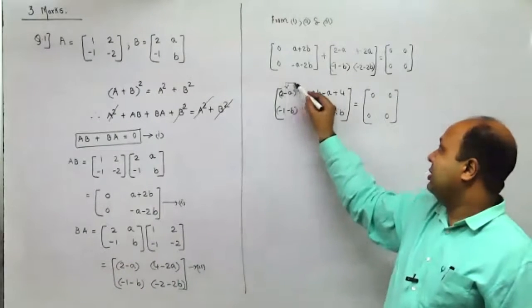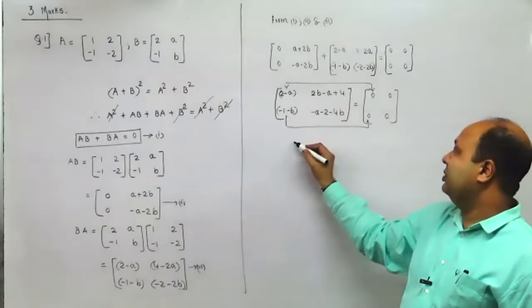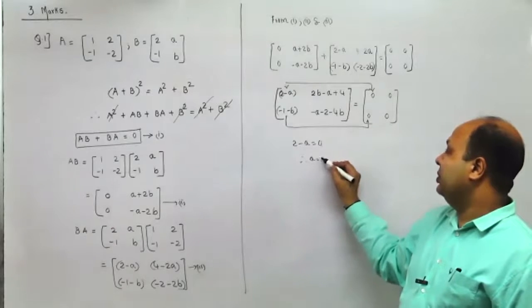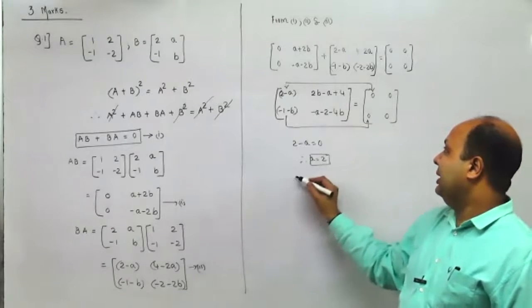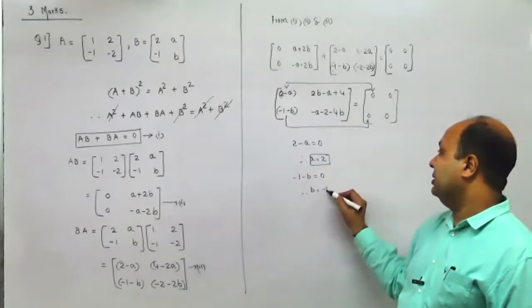So when I solve these, 2 minus a is 0 and minus 1 minus b is 0. Comparing, we get 2 minus a equal to 0. Therefore, a equal to 2 and minus 1 minus b equal to 0. Therefore, b equal to minus 1.